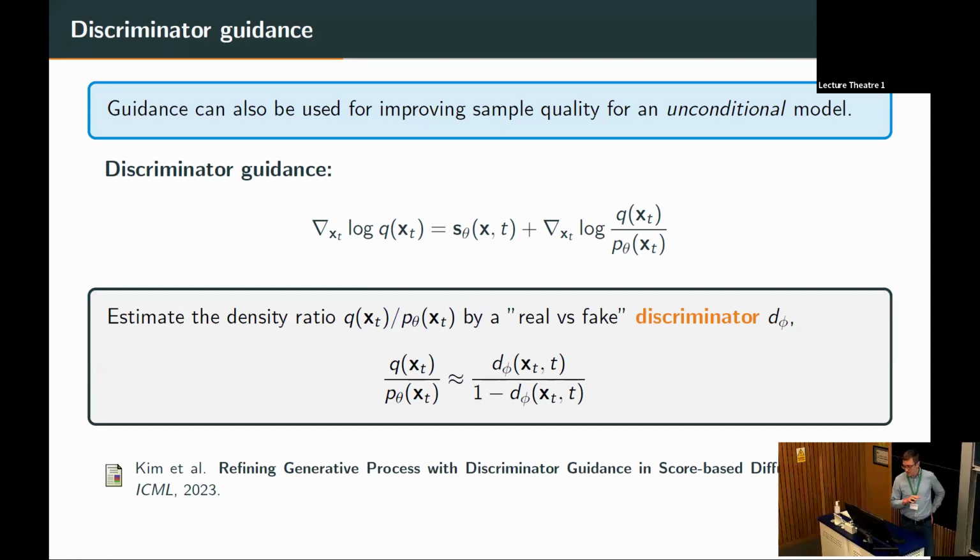So we generate noisy samples both by taking actual training data samples and adding noise to them up to some time t, and by generating samples from the final time point down to time t. Then we train a discriminator to distinguish between those two sets of samples. Based on that discriminator, which I denote by pi here, we can approximate this density ratio. We take that expression, plug it in here, and we get a correction term in the score.